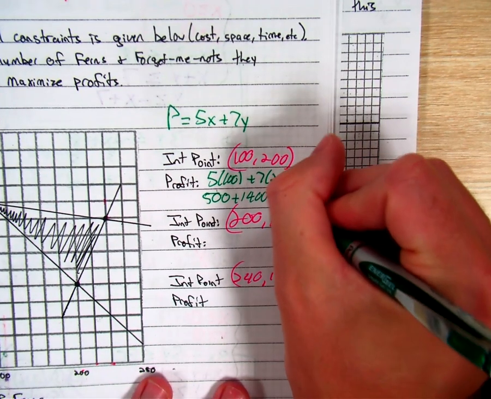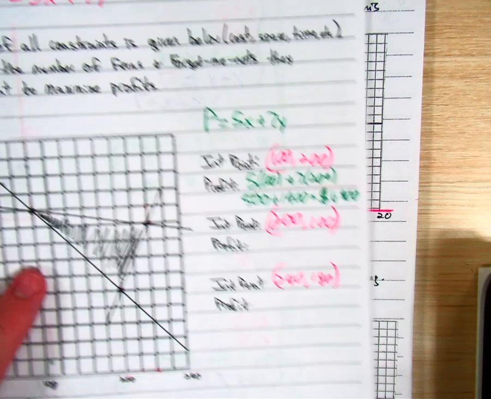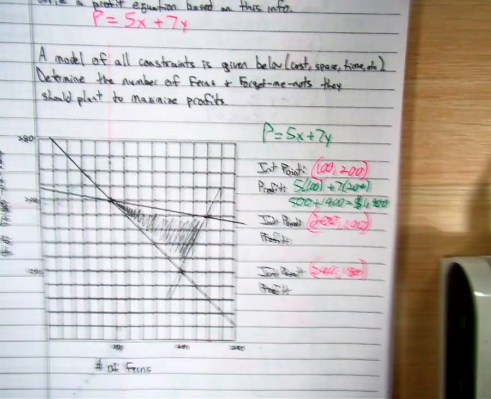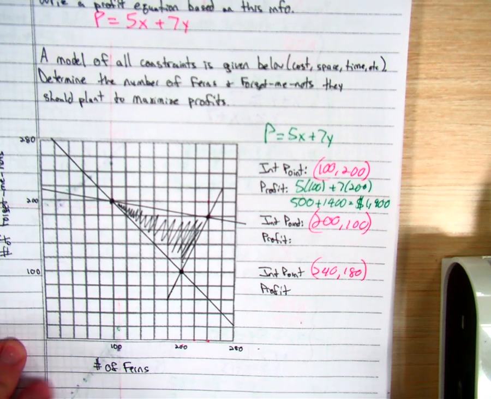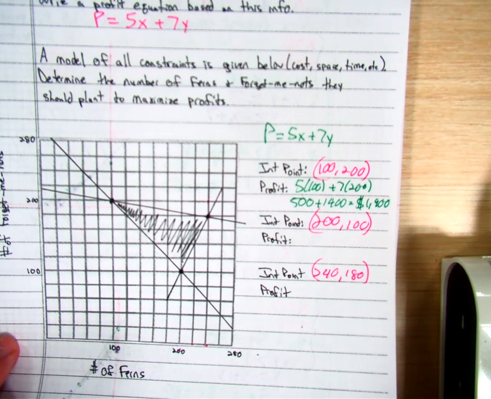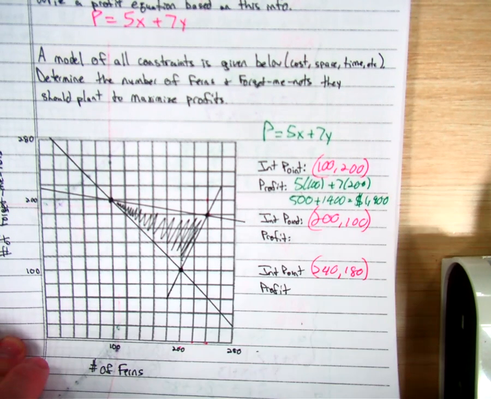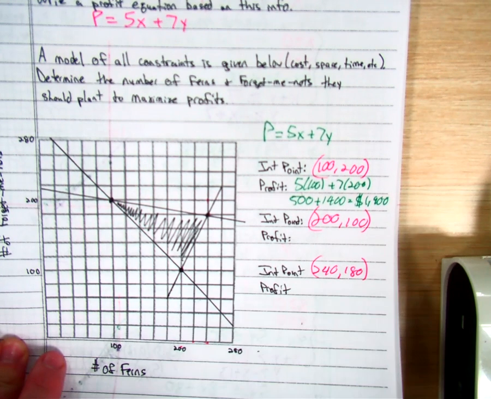That point is going to make us $1,900. Okay? Let's have you take a minute to try the other two and see if you can figure out which point is the best. Which point's going to make us the most money? So go ahead and push pause and give that a try.